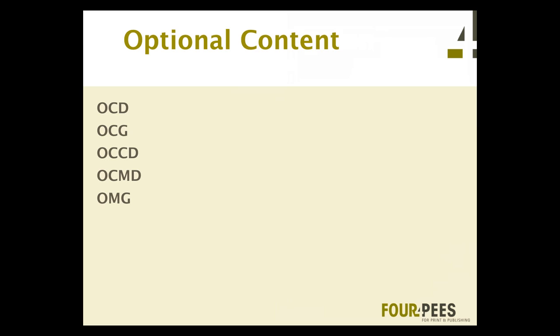So, which of those have to do with optional content? All except the last one. The first one is actually obsessive compulsive disorder, and you have to be that or have that a little bit if you want to understand all the rest of it. OCD as an abbreviation is not used in the spec as far as I've seen.